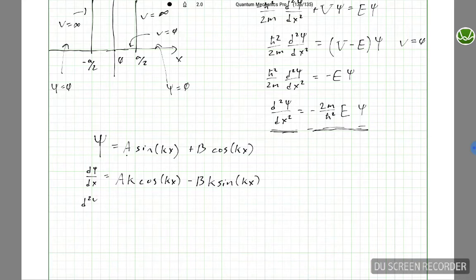Then if I take the second derivative, now I'm taking the derivative of the cosine, so the A just stays, and then I have k times k, derivative of the inside times derivative of the outside, and that's negative sine kx. And then my derivative of sine is positive cosine, so that stays negative, and I get negative A k squared cosine kx.